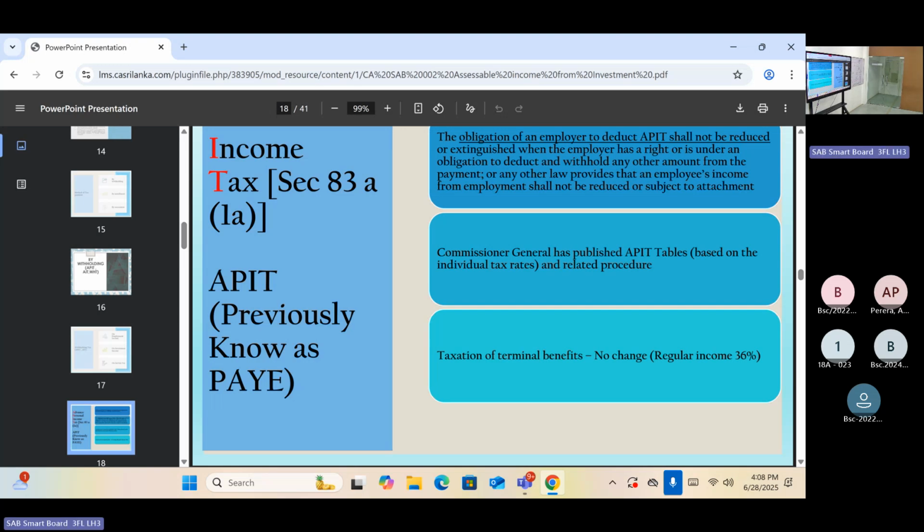But that concession has been given to the terminal retirement benefit. I mean to say that at retirement you are getting some income, but you have to pay some tax, otherwise it is not fair. But it says the concession tax rate is 0 for 10 million, so they are not taxing. The next 10 million is taxed at 6%, and the balance is taxed at 12%.